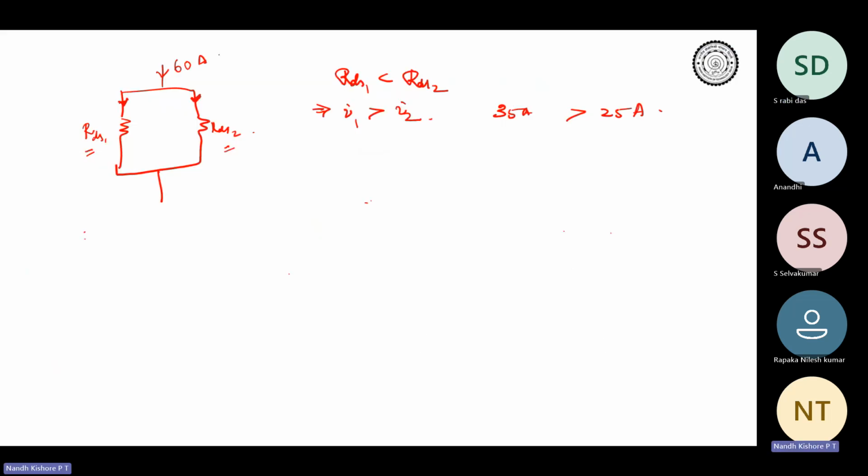Because it's going to be I square R. I1 square R1 will be more than I2 square R2. Obviously, correct? So if the losses increase, the junction temperature will also increase, the temperature of device 1 will increase. So TJ1 becomes more than TJ2.